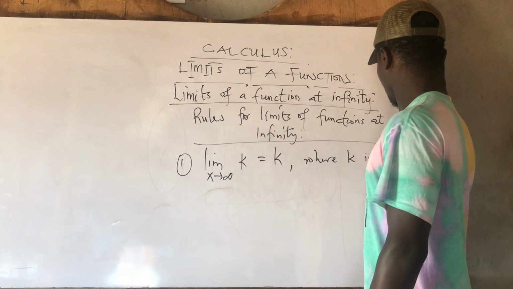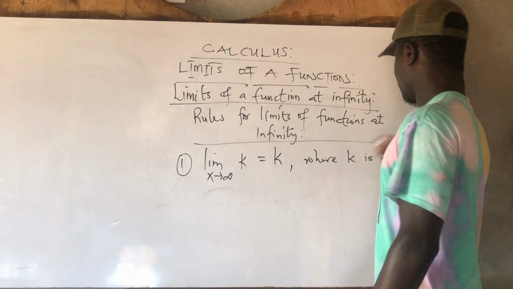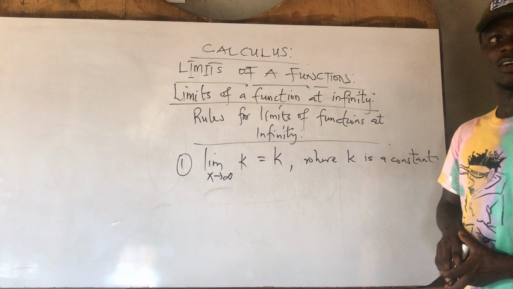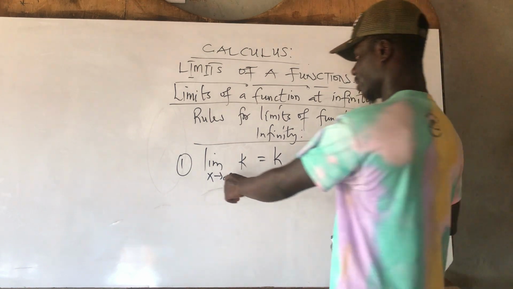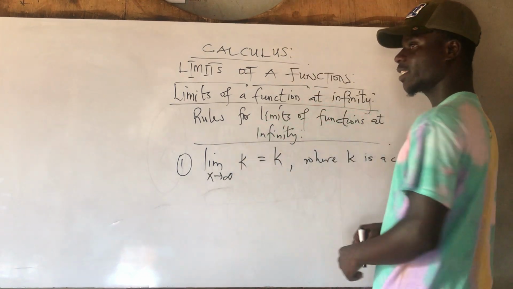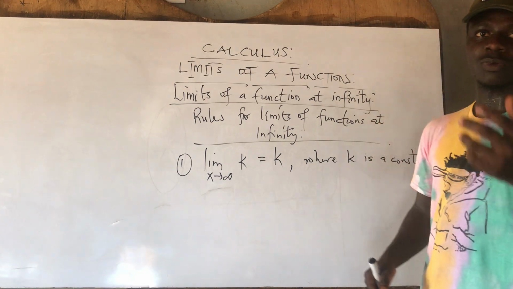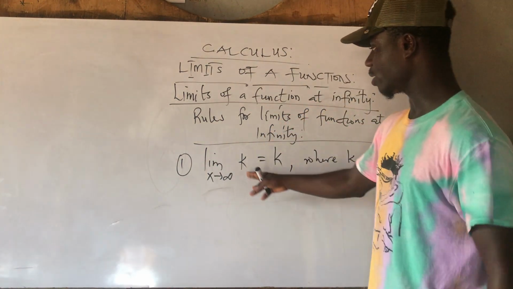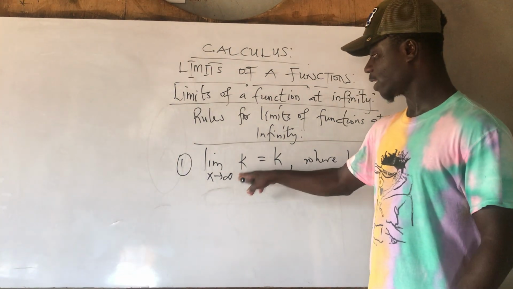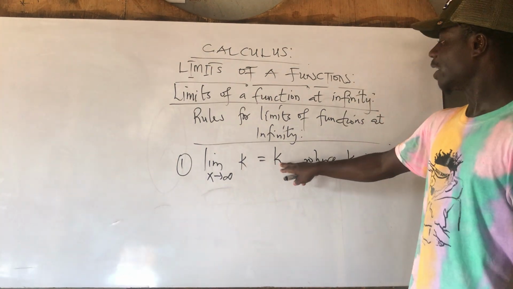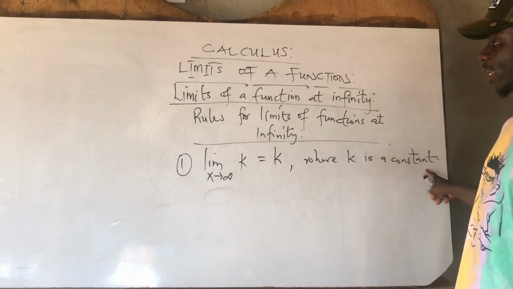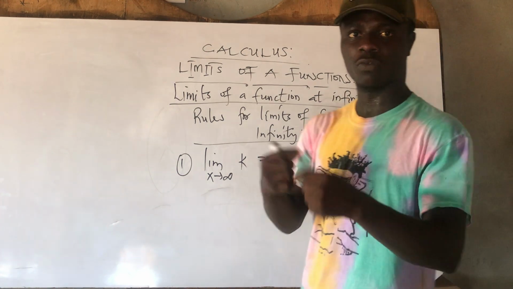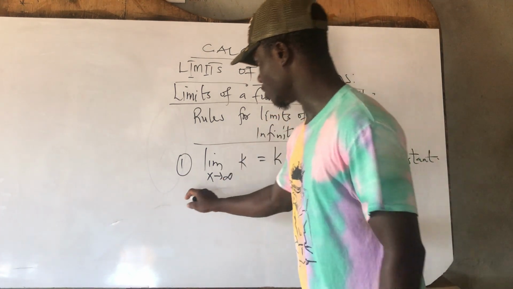A constant means a value like 2, 3, 4. So what will be the limiting value of this k as x approaches infinity? It will be the same as k. So where k is a what? It's a constant. We'll be solving more questions so you know what we mean here.